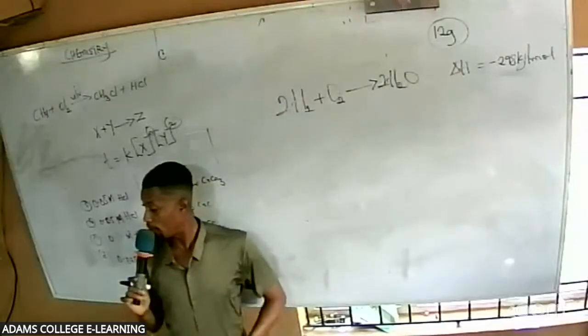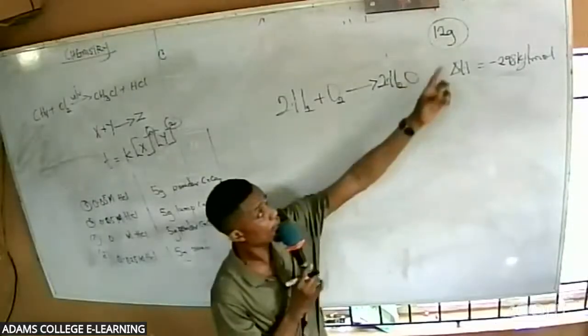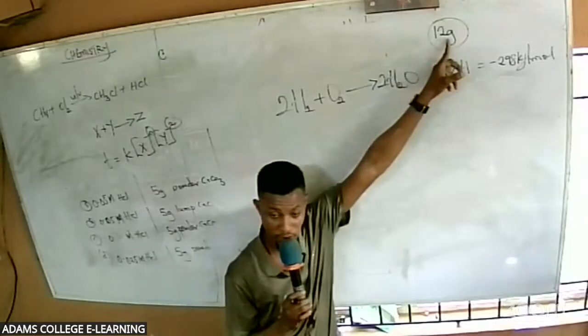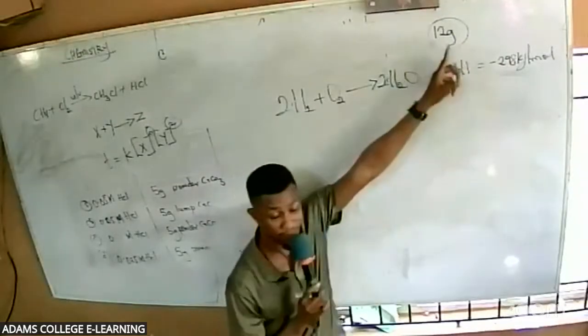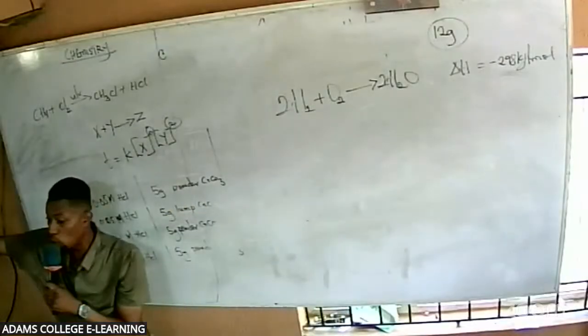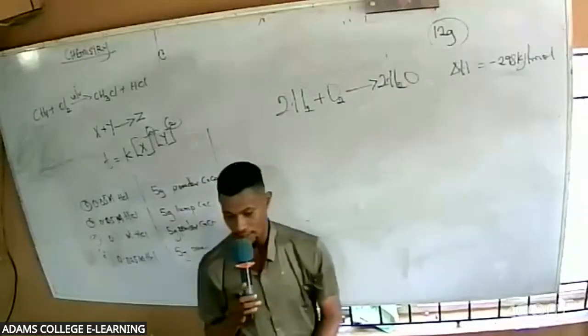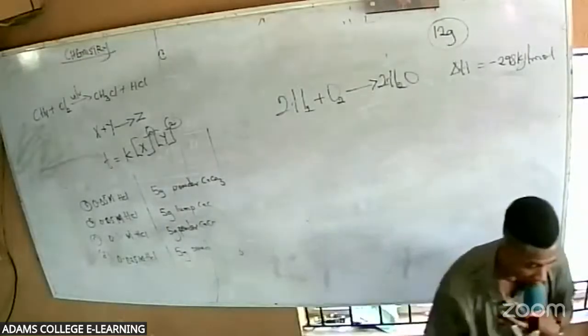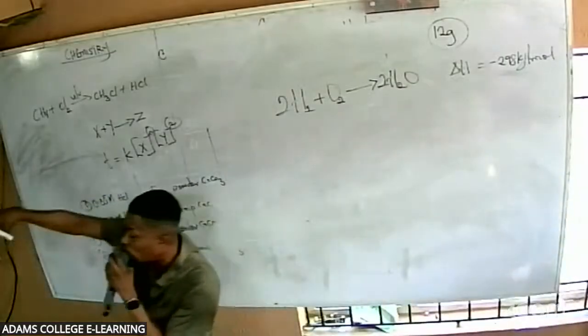When you have an equation and you are given grams, it is what the question gives you that will determine your direction of flow. Sometimes you are the one determining what you want to do, but in this scenario, the question gives you the mapping.